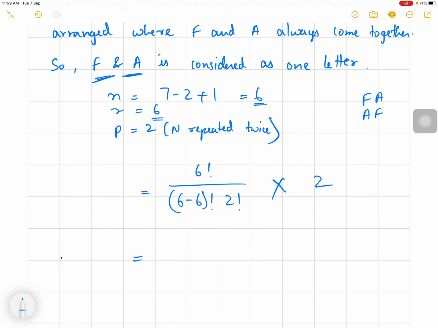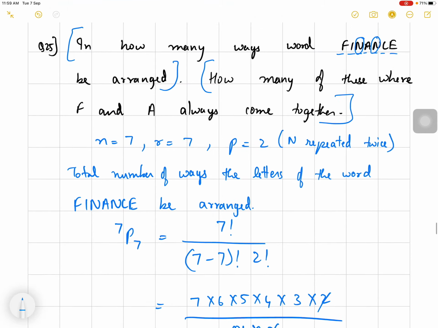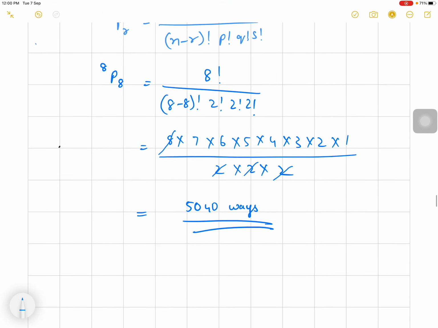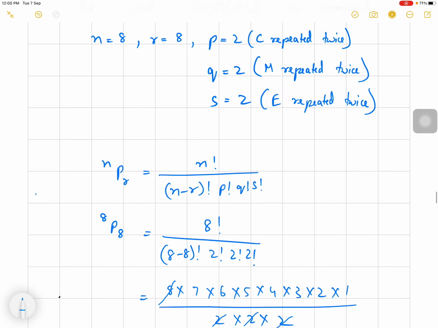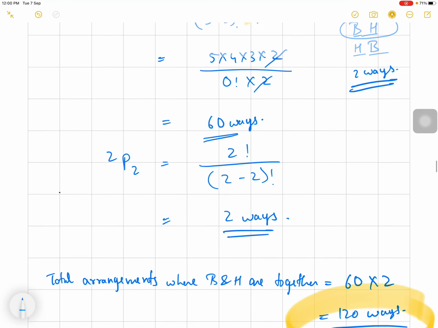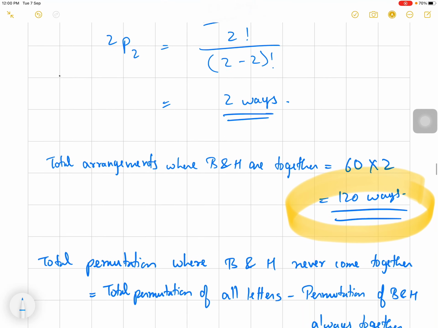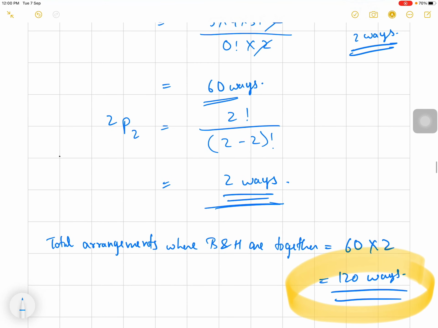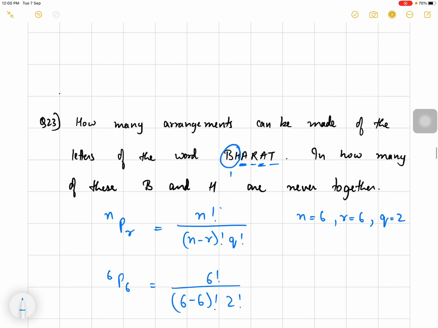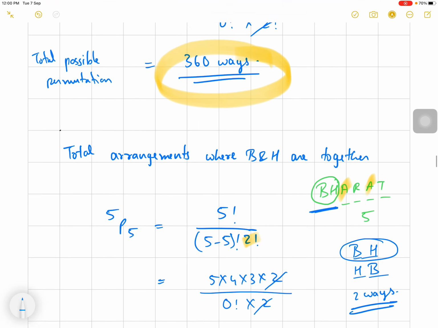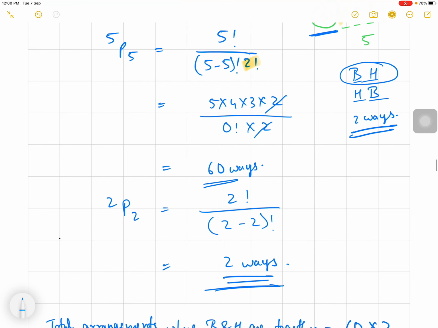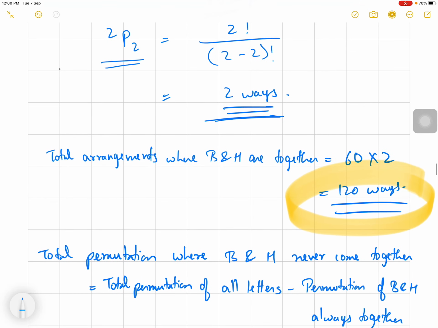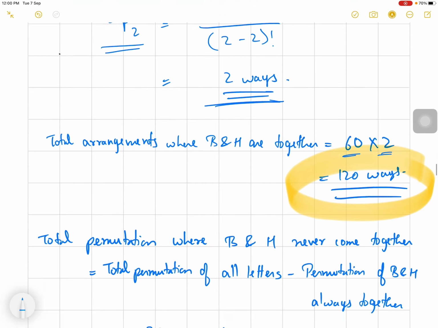We have done this in question number 23: we did 5P5 and then 2P2 and then we multiplied them, right?